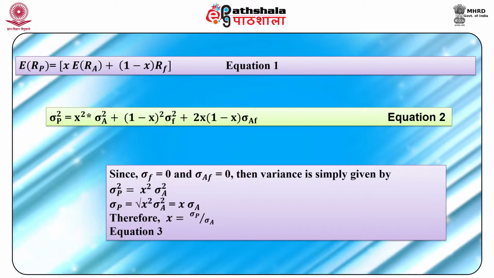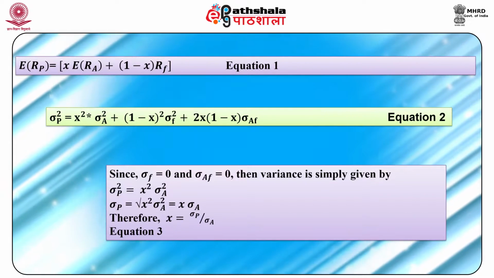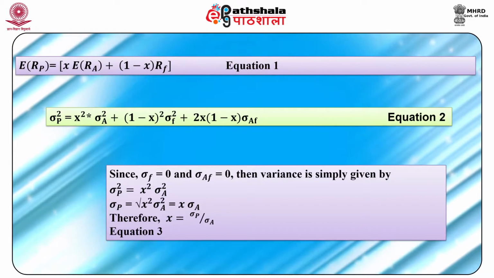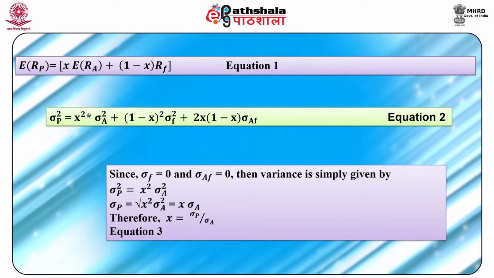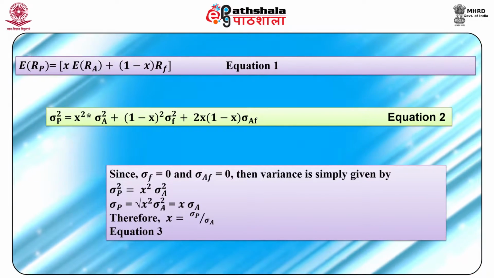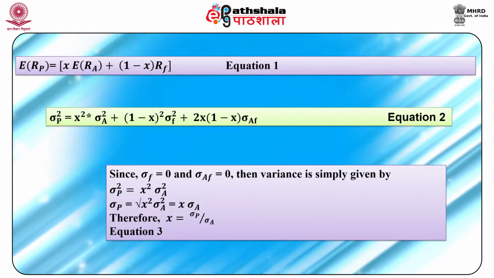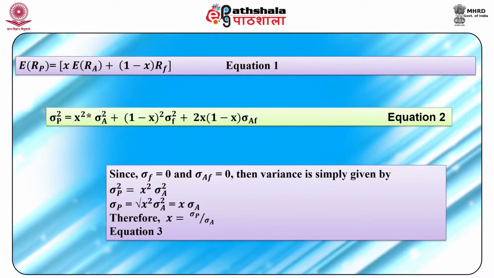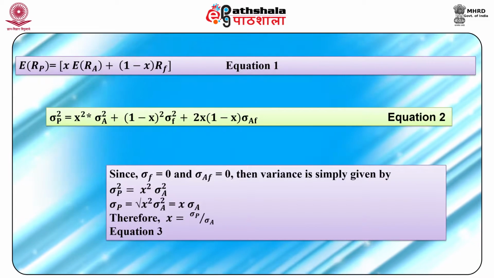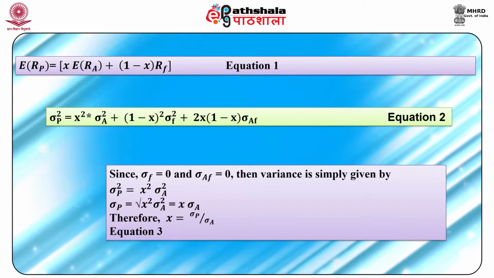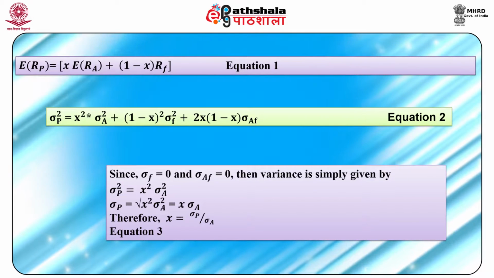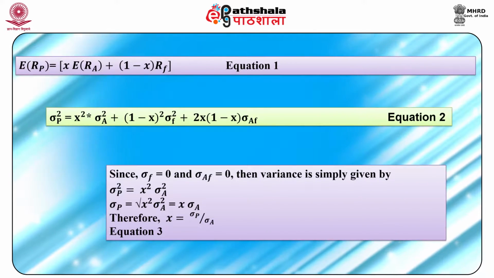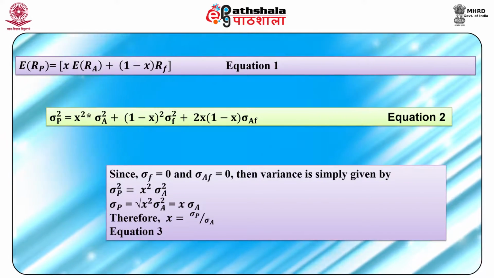Since sigma F is equal to 0 and sigma AF is equal to 0, the variance is simply given by sigma squared P equal to X squared sigma squared A, and this translates to sigma P equal to the square root of X squared sigma squared A, which gives you X sigma A.